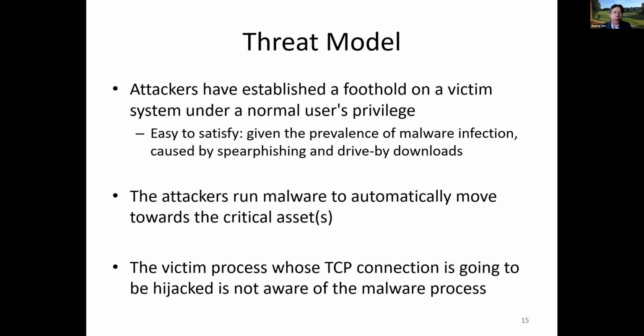The second assumption is that the attacker runs malware to automatically move towards the assets. And the third assumption is that the victim process, whose TCP connection is going to be hijacked, is not aware of the malware process. For example, that FTP client is not aware of any attack process running side by side with itself. So this is our threat model.